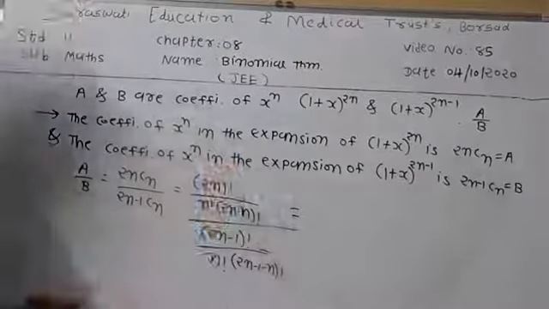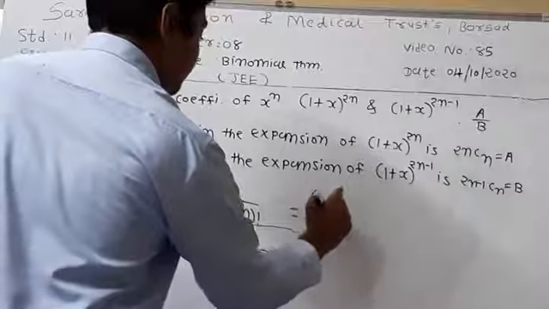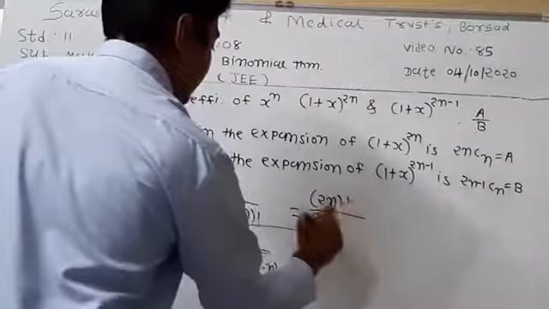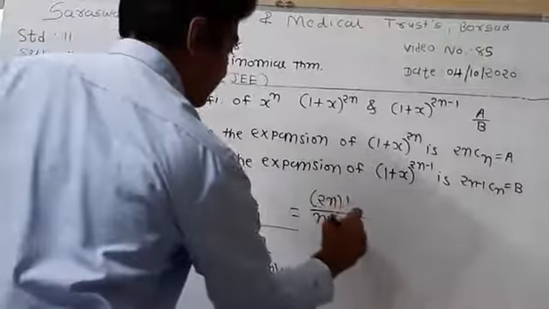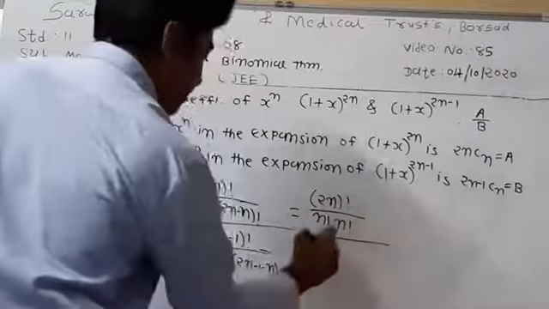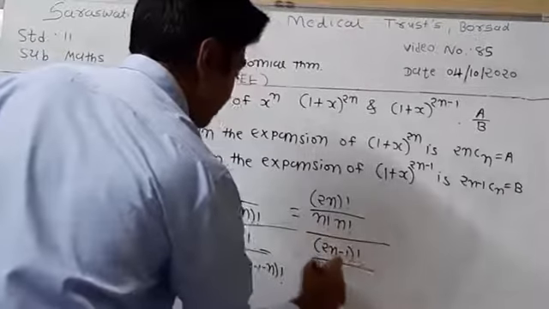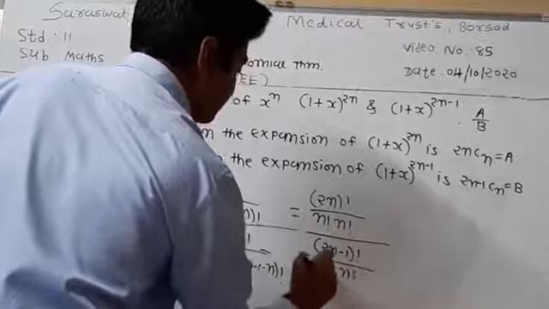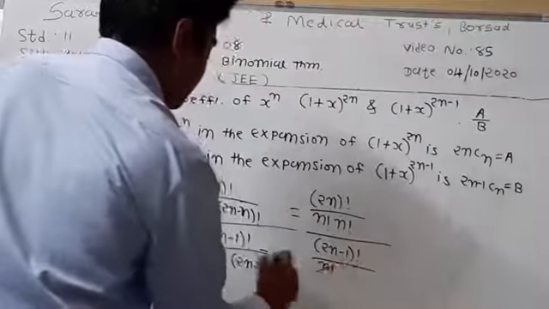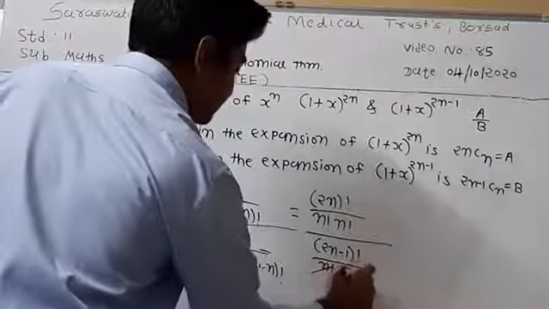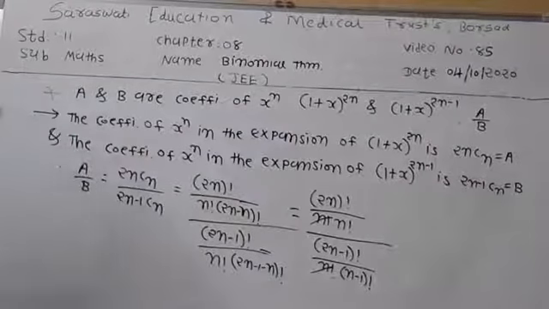So simplify: 2n factorial upon n factorial into n factorial, upon (2n minus 1) factorial upon n factorial into (n minus 1) factorial. The n factorial cancels out.